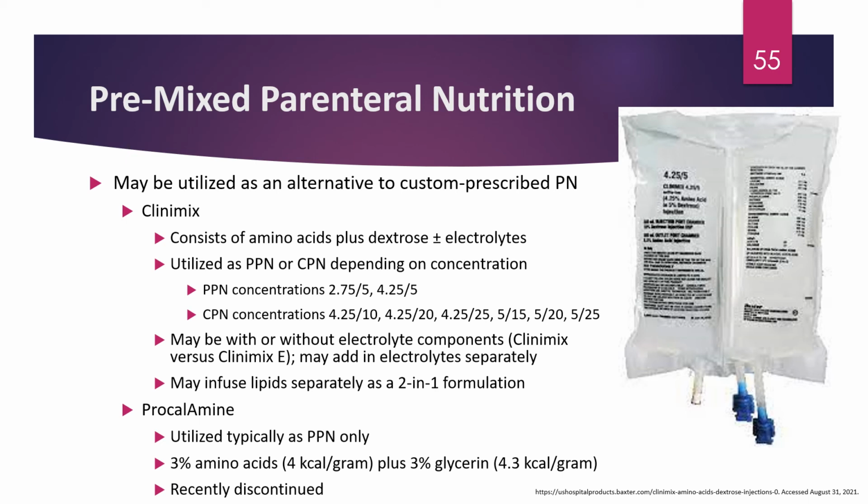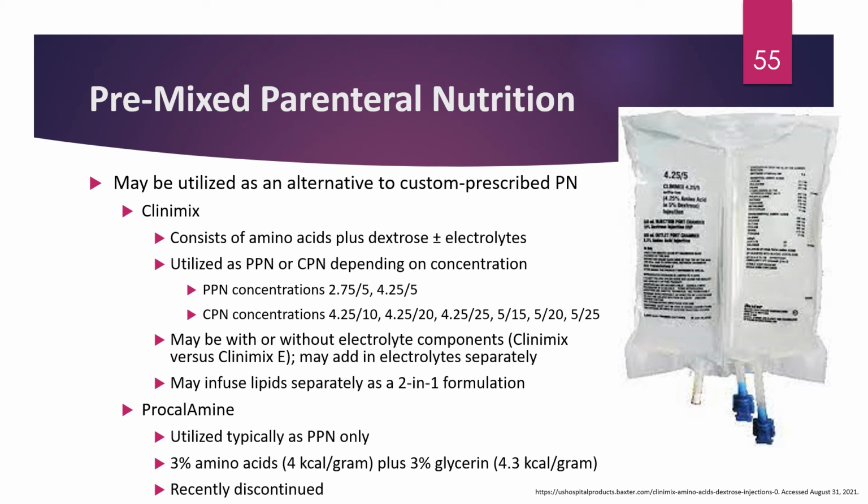They do have many different concentrations that are out there. These concentrations are referring to the dextrose and protein concentration. The first number that you'll see here is the protein concentration on each of these concentrations. You do not need to know these for your exam purposes. I just want you to know that if you ever see these in practice, the first number is protein or amino acid concentration.